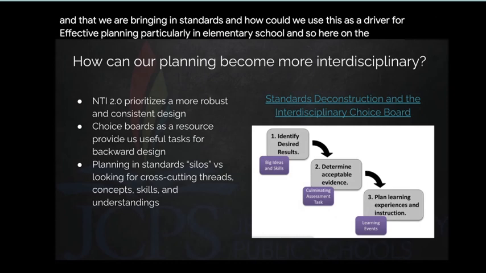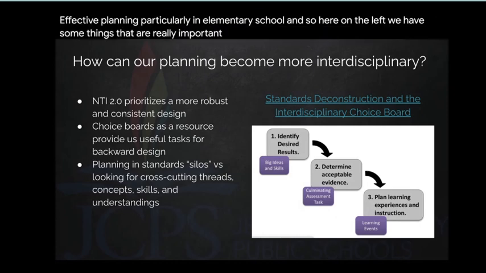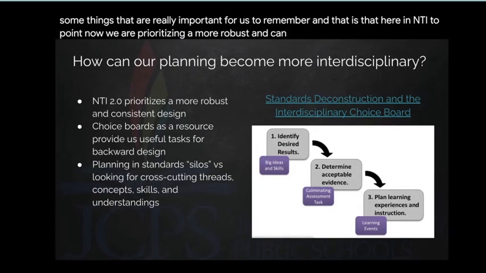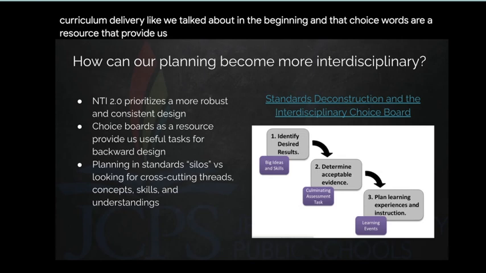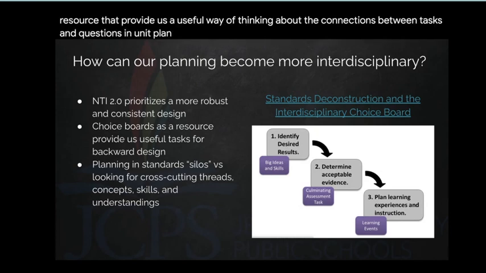And so here on the left, we have some things that are really important for us to remember. And that is that here in NTI 2.0, we are prioritizing a more robust and consistent design, right? So a holistic curriculum delivery, like we talked about in the beginning. And that choice boards are a resource that provide us a useful way of thinking about the connections between tasks and questions in unit planning.